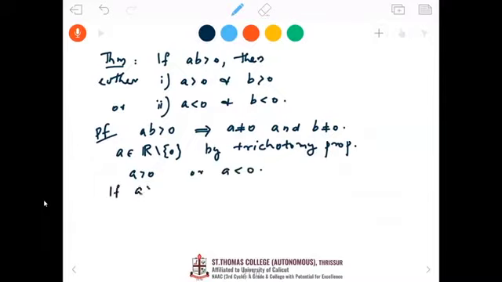Suppose A is greater than 0, then its reciprocal 1 by A is also greater than 0. Here we are given that AB is greater than 0.